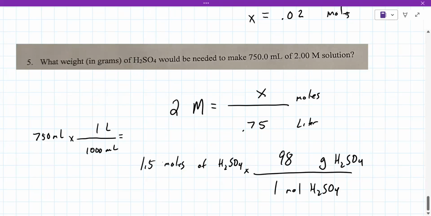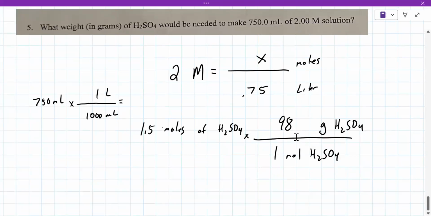So go ahead and multiply 1.5 times 98, and that will be your final answer. 147 grams of H2SO4.